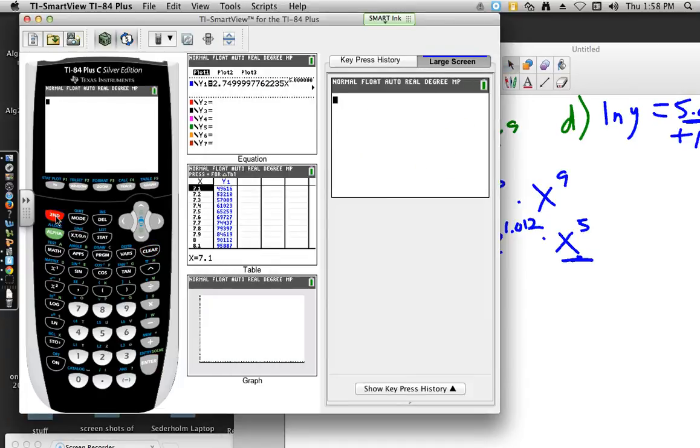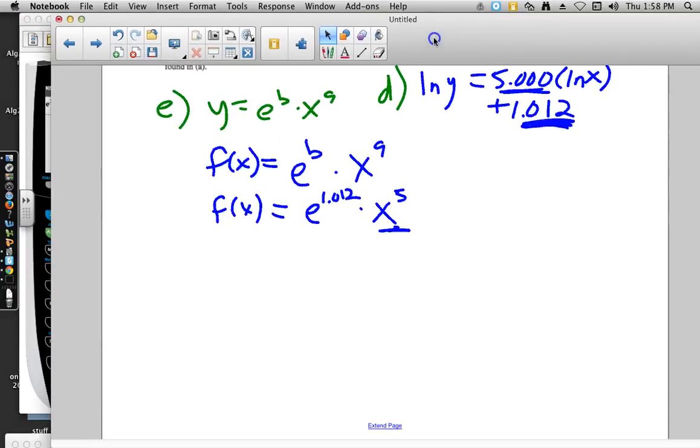Second e to the x, and we want it to be 1.012. It didn't grab the 0. There we go. It didn't take the 1. 1.012. And look at that. That would round to 2.751.